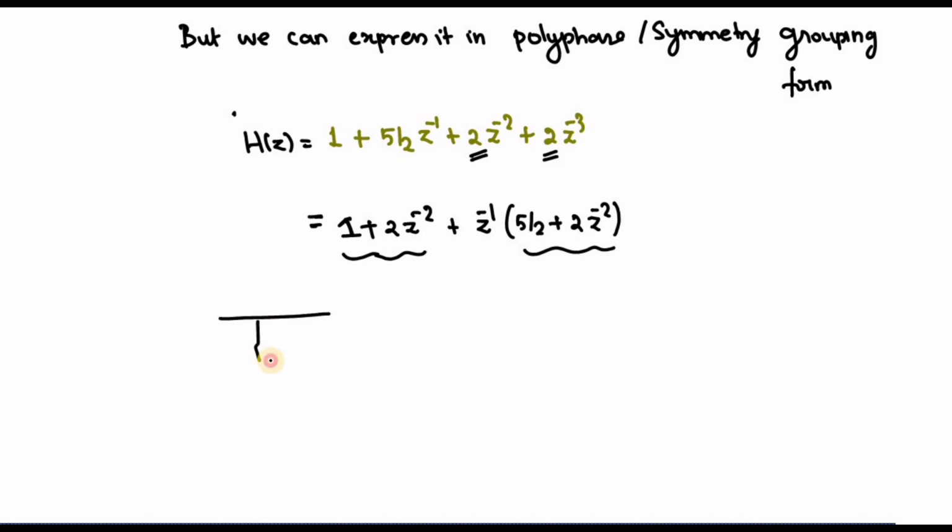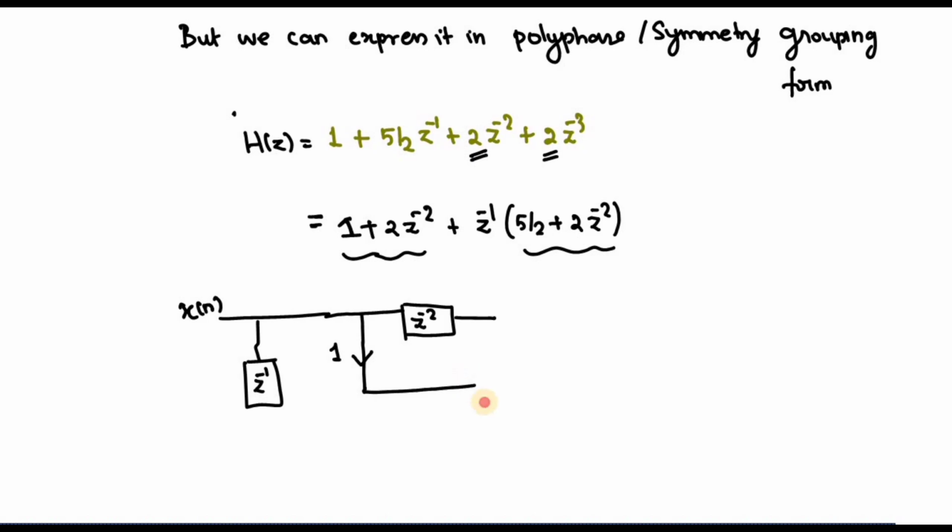Okay. So this is my x of n value, and you have to draw the z power minus 1 value here. Then you have to realize 1 plus 2 into z power minus 2 as direct form 1 structure, similar to the direct form 1 structure. Okay. So I can draw like this, right?